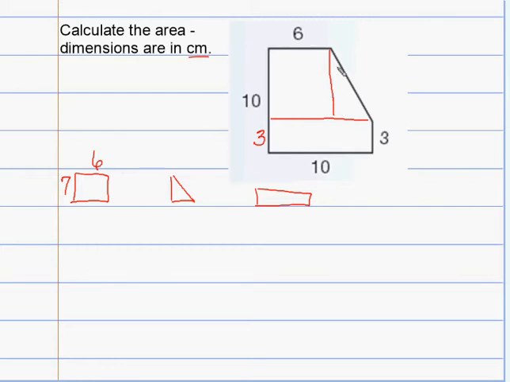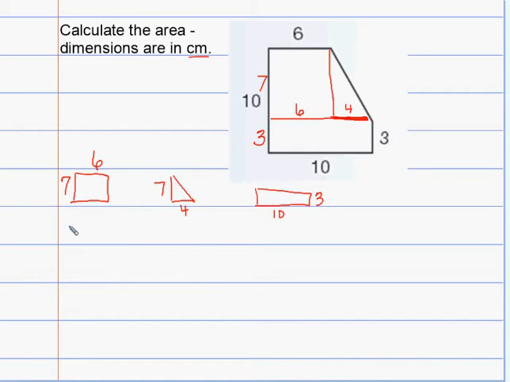So then the height of our triangle is the same as the height of our larger rectangle, so it's 7. But we need to find this length here. And if this side is 6 and this whole side of the rectangle at the bottom is 10, then this must be 4. And this rectangle is 10 by 3. That one's probably the easiest one to do.